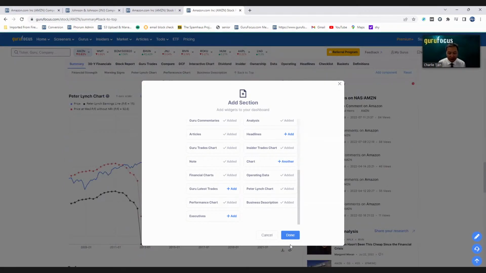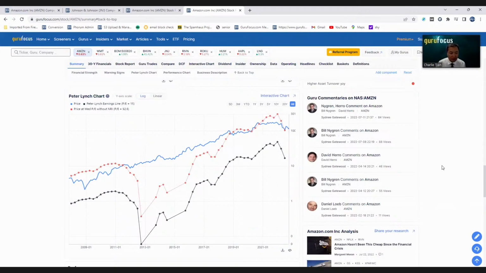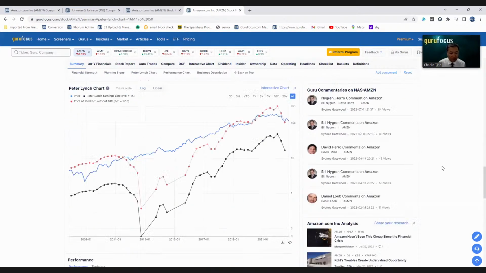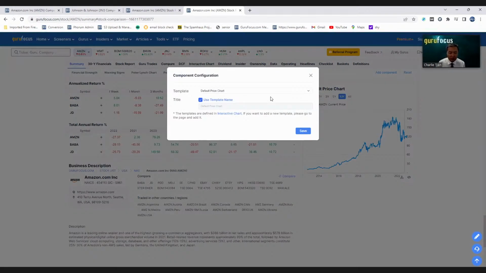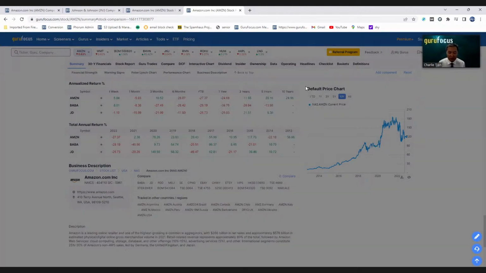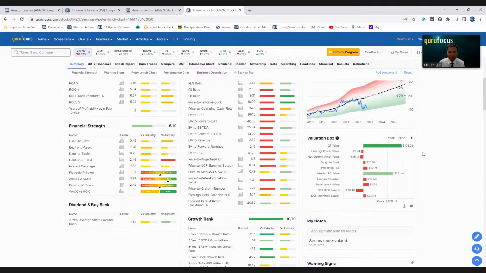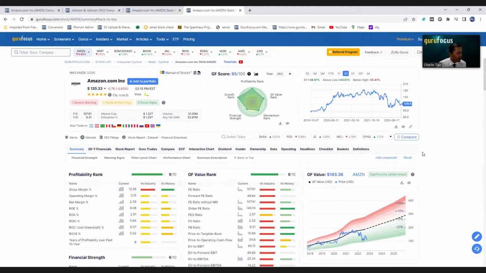If I want to add a chart, it should add a chart for you. It's a default chart, and then you can configure it and change it to different charts. We are still working on that, and we'll make sure that it works for you.